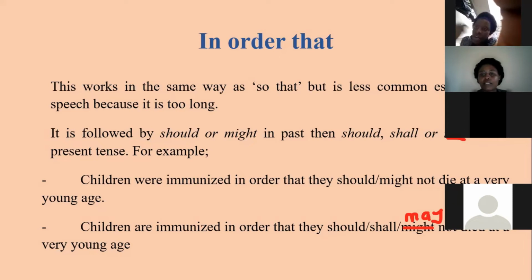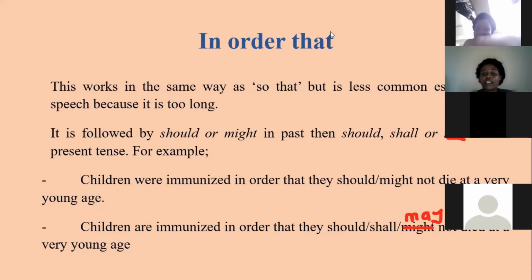Under normal circumstances, how would you say it? How would you tell it to your brother, for example, or your sister? "Children are immunized not to die at a very young age." Okay, good trial. Use "in order" in that sentence. "Children are immunized in order not to die at a very young age." Very good. So you can mute again.